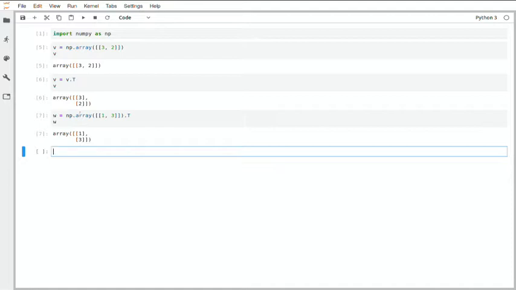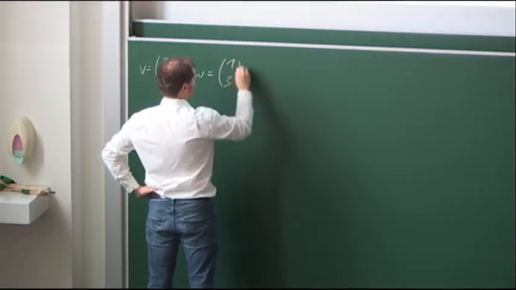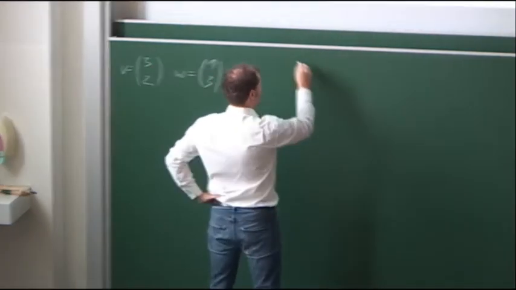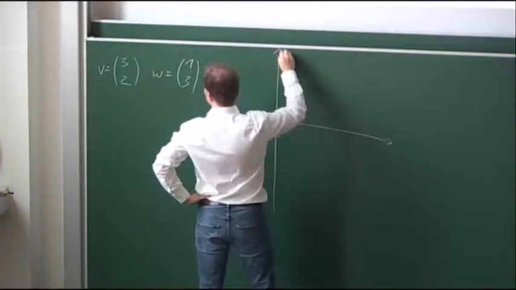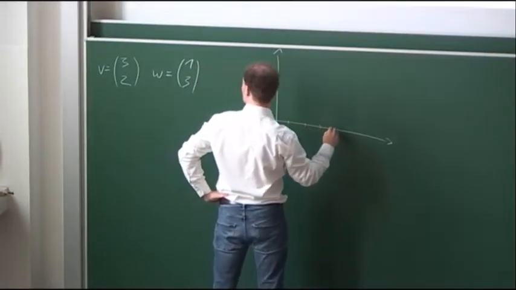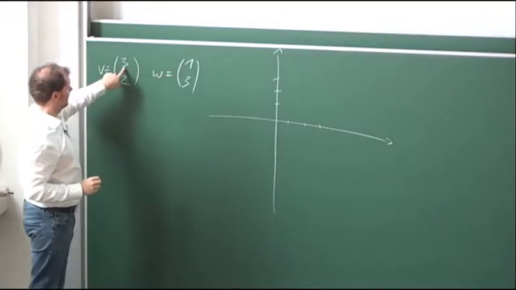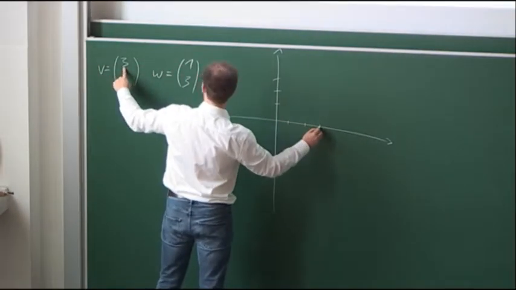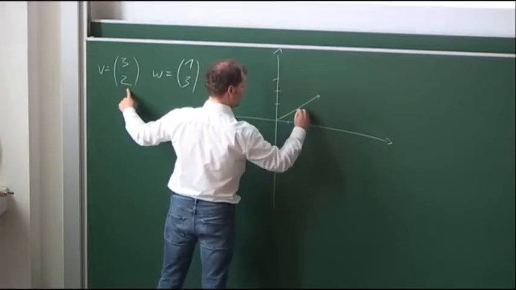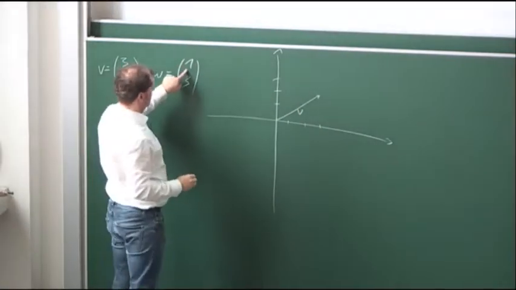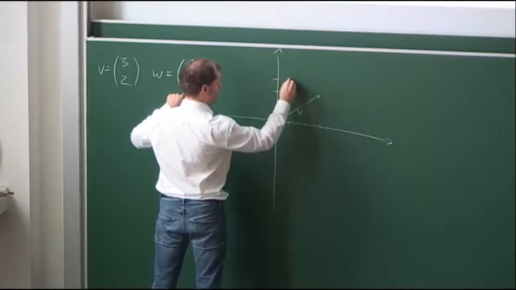And w is the vector 1, 3. We can draw them in a coordinate system. v is 3 to the right, 1, 2, 3, and 2 up, 1, 2. So this is v. And w is 1 to the right and 3 up, so 1, 1, 2, 3. This is w.